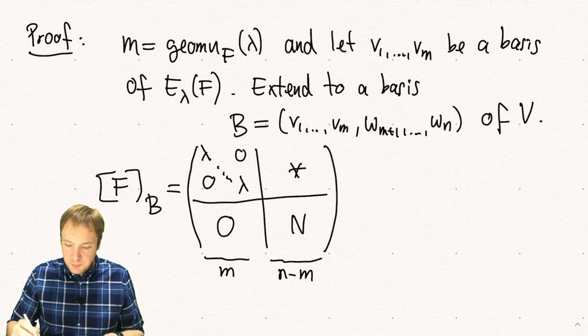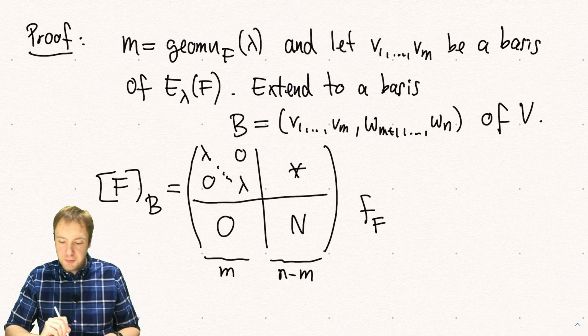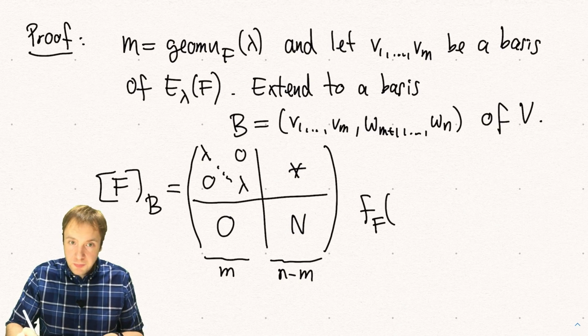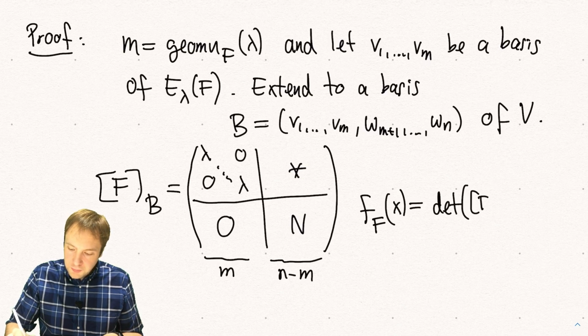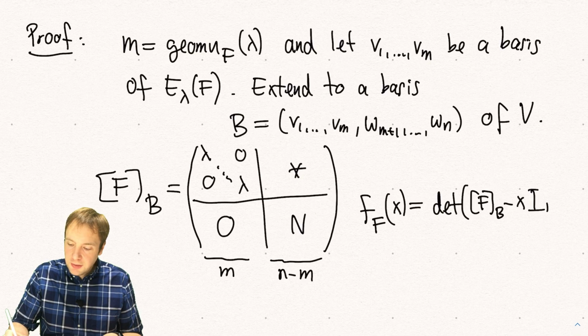And with this, we see that the characteristic polynomial of this linear map F is given by the determinant of this matrix minus x times the identity matrix.